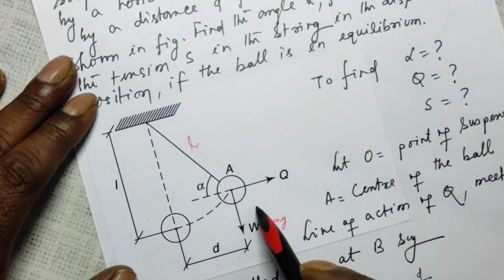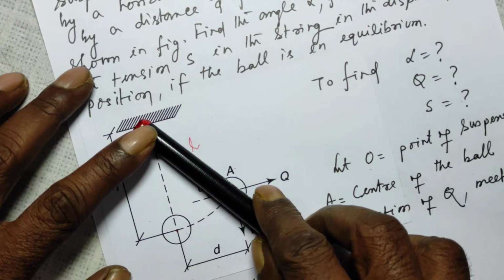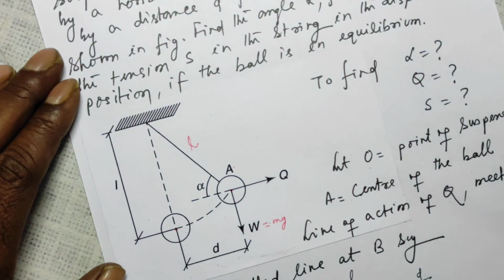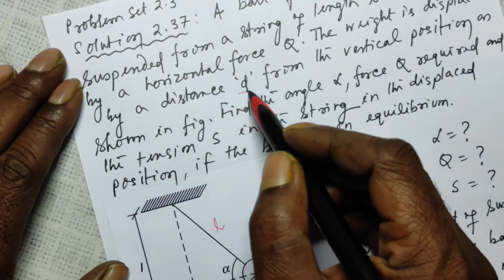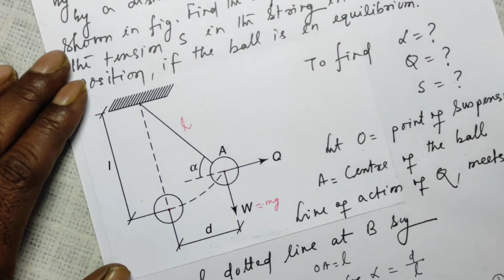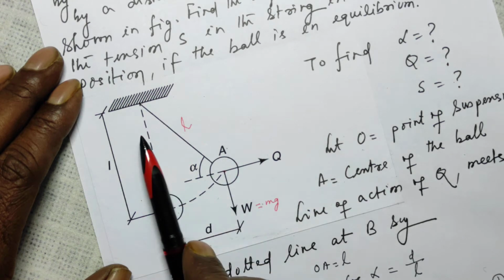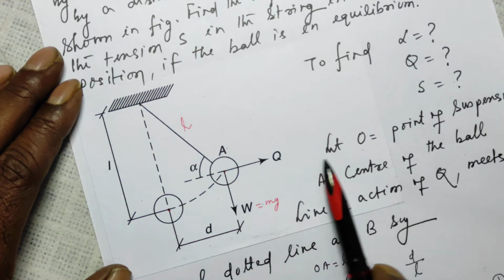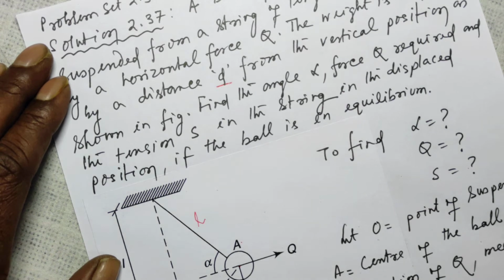The moment you pull it, the string will make some angle with the vertical. The weight is displaced by a distance D, from this point to this point is D. This is the displacement of the ball towards the right, because you are pulling with a force Q towards the right, from the vertical position as shown in the figure.